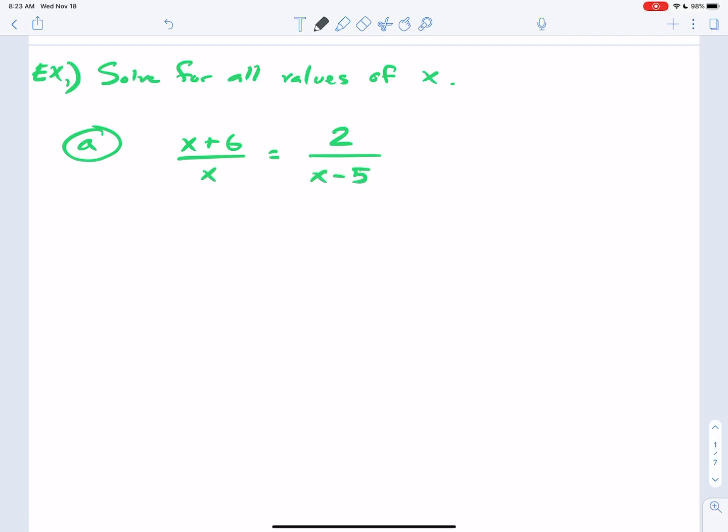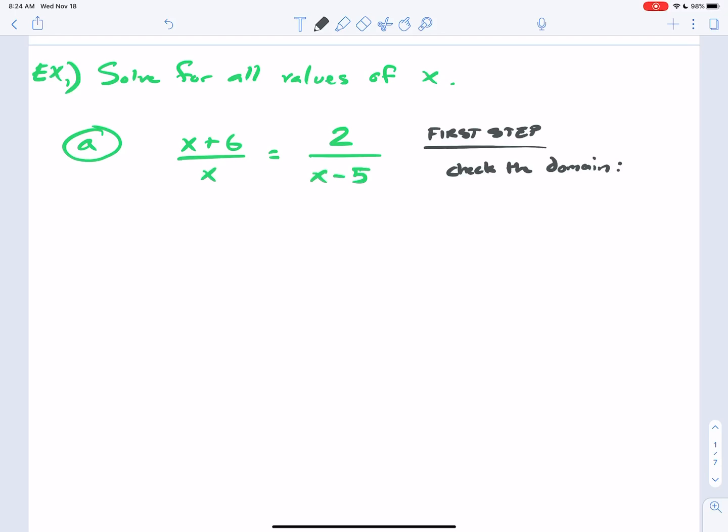Some people like to jump into solving right away. The first step, and I'm going to write this out because it's super important: the first step to really any problem is to check the domain. I'll show you why this is beneficial when you're solving these equations.